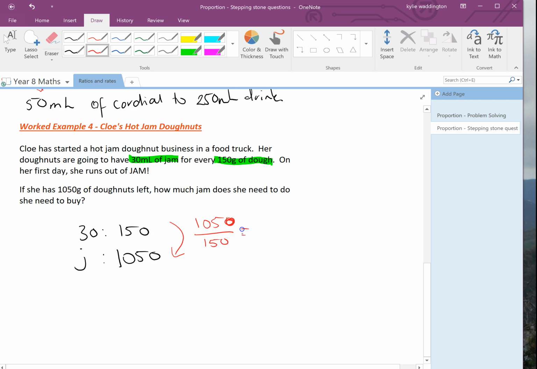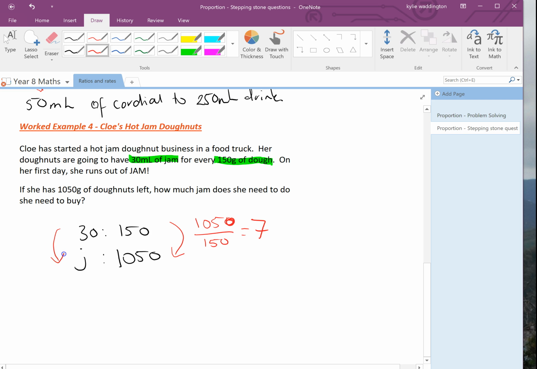value here and we divide it. So we have 1,050 divided by 150. And that gives us 7. So we've multiplied 150 by 7 to get 1,050.